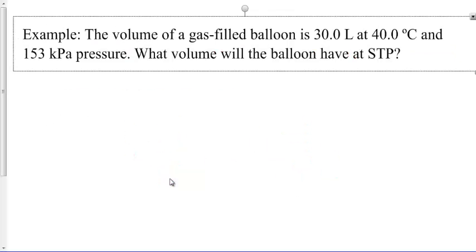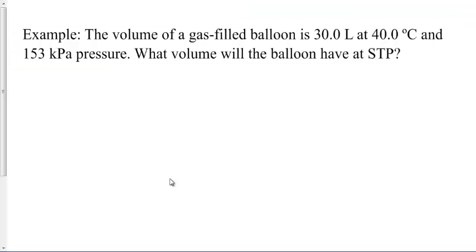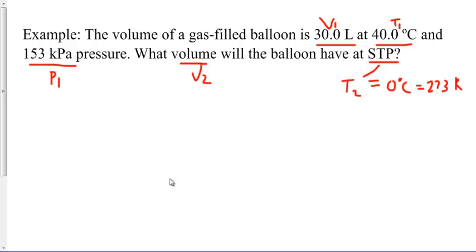When we do our example, we're looking for all 3 of those, P, V, and T. Go ahead and pause and underline what you think P1, V1, T1, P2, V2, and T2 are. V1, T1, and P1 were pretty easy to find. Did you find the others? Well, V2 is what we're finding.